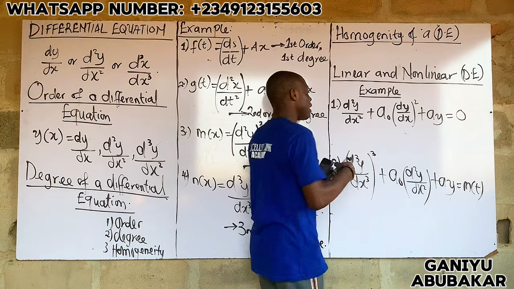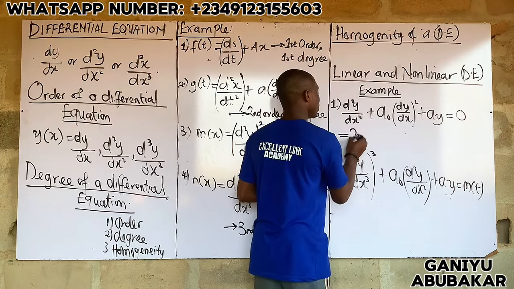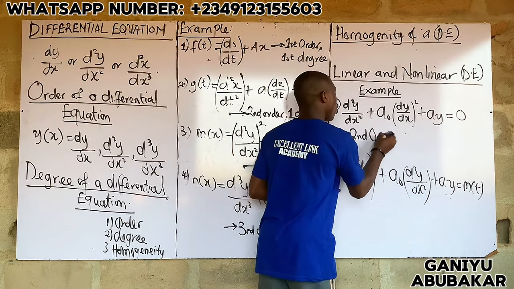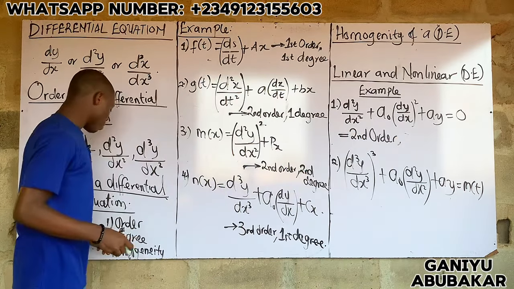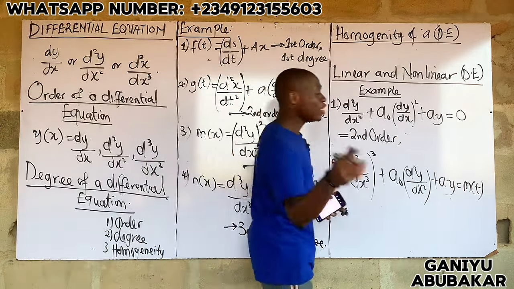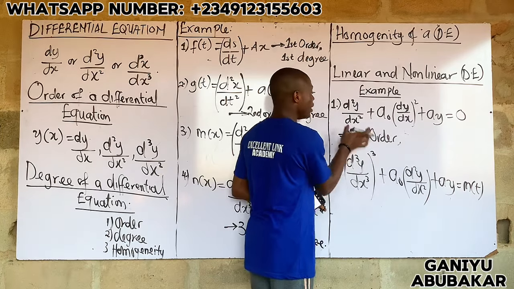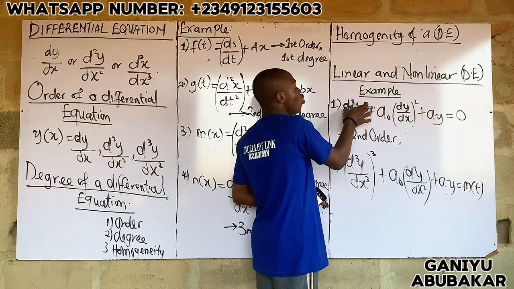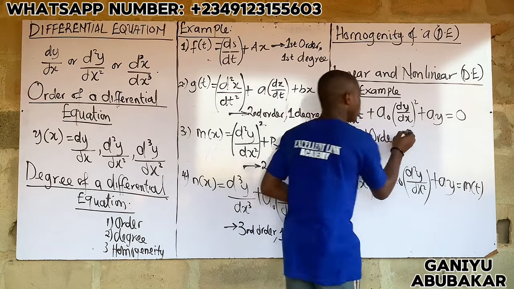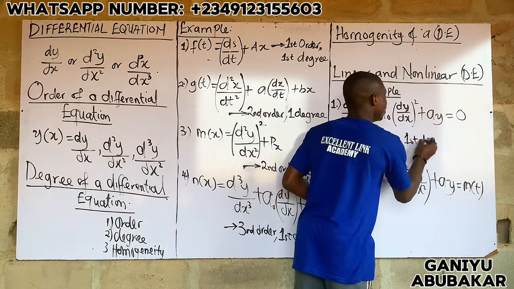So to name this, it becomes second order. I'm done with order. Move to degree. For degree, I'm considering the one I considered as my order, which is this. What's the degree to which this differential coefficient is being raised? That's 1. That becomes first degree.